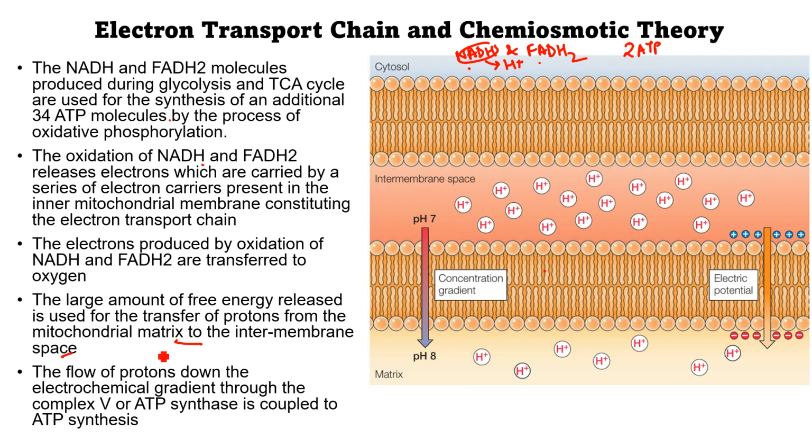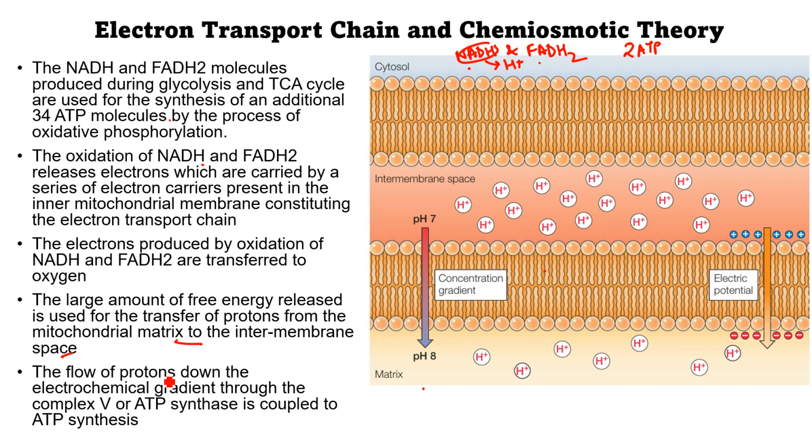As a result, a concentration gradient is generated between the intermembrane space and the matrix. The protons get accumulated in the intermembrane space, while there are few protons in the matrix. Also, as the protons have charge, an electric potential is also generated between the intermembrane space and the matrix.